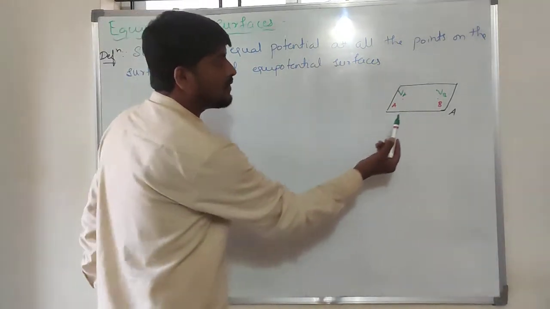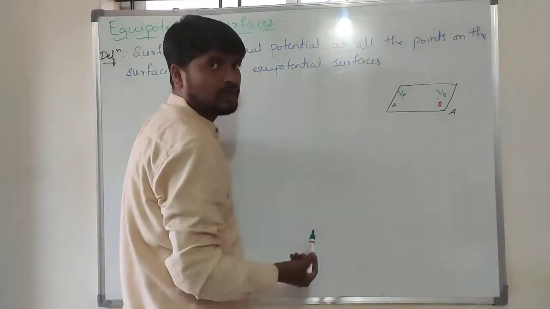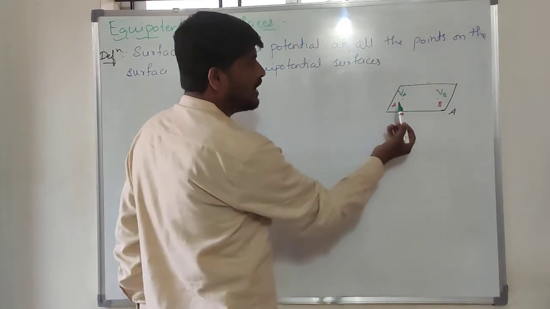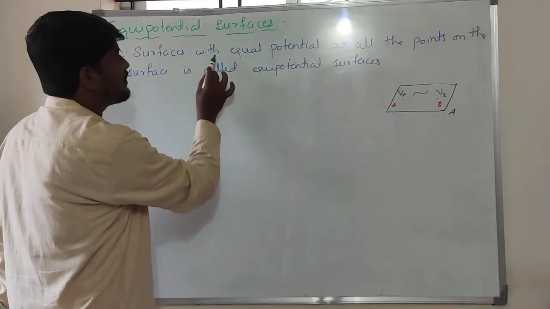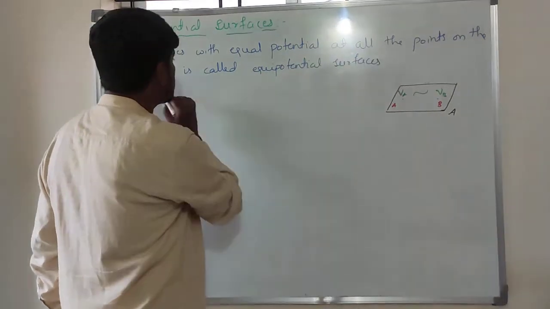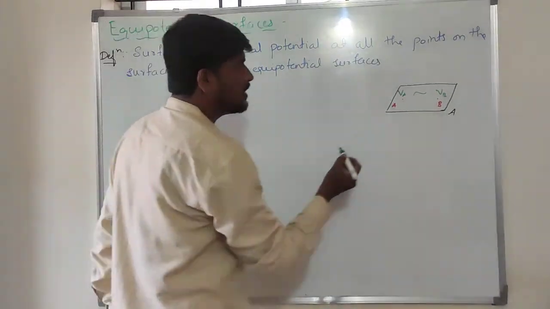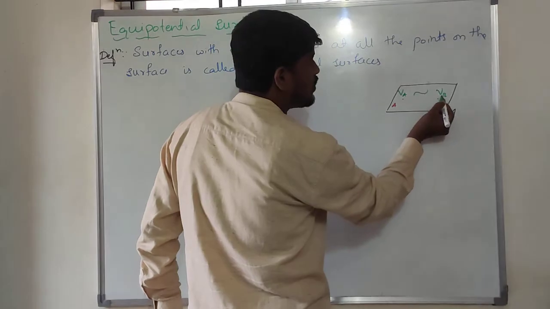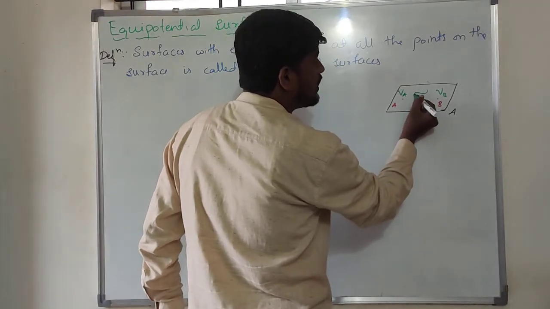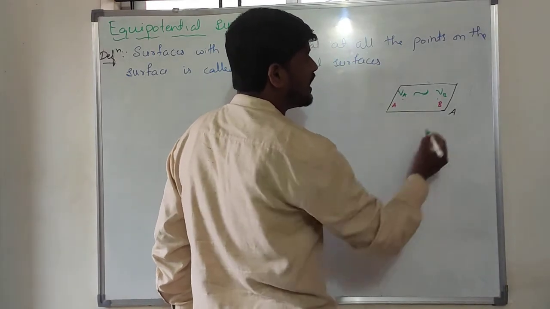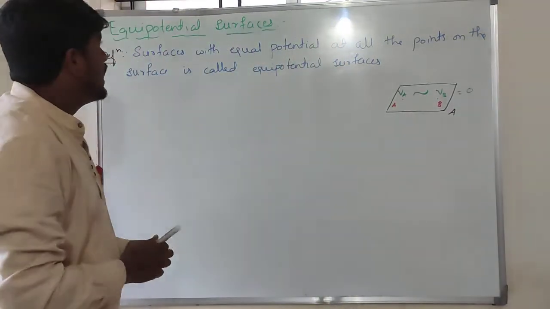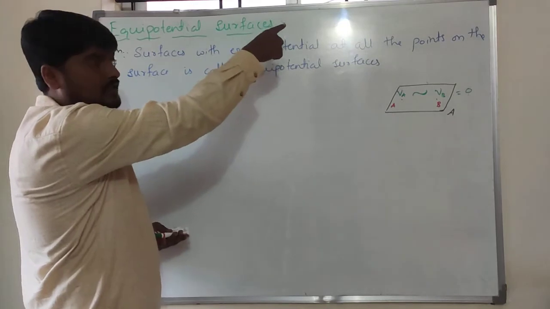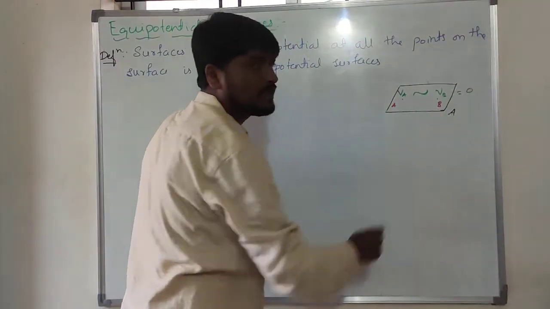If I take the difference between these two potentials, called the potential difference, what would be the value? As the definition says, surfaces with equal potential at all the points on the surface are called equipotential surfaces. So VA is equal to VB. If both are equal, then the difference between them is equal to 0. That means equipotential surfaces are surfaces at which the potential difference is 0.